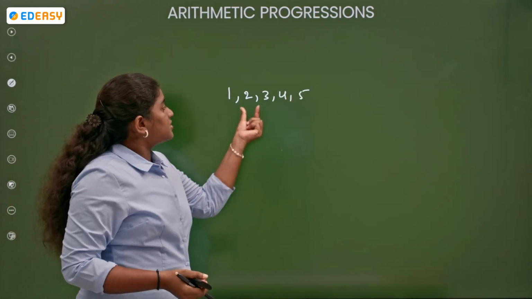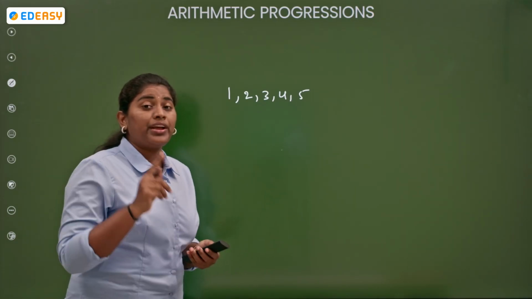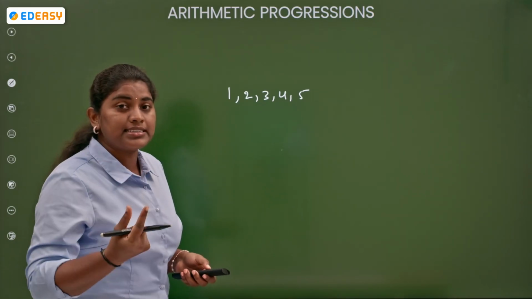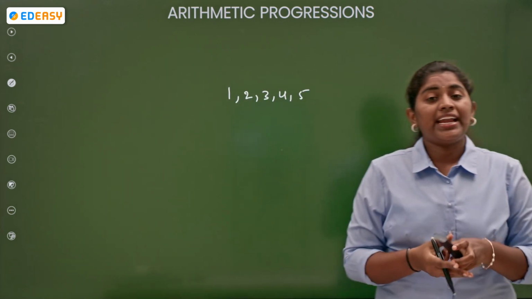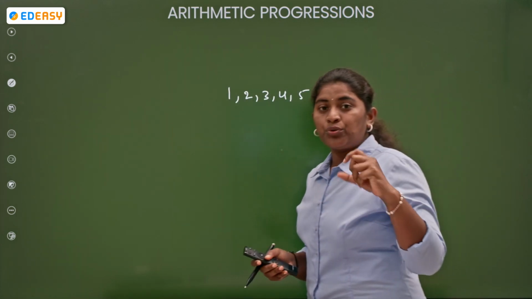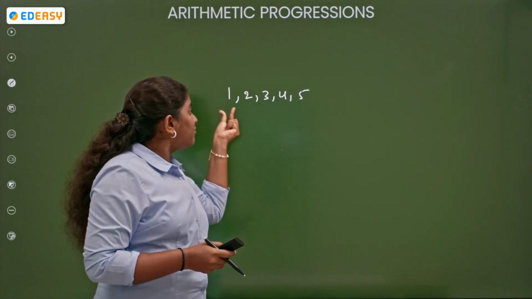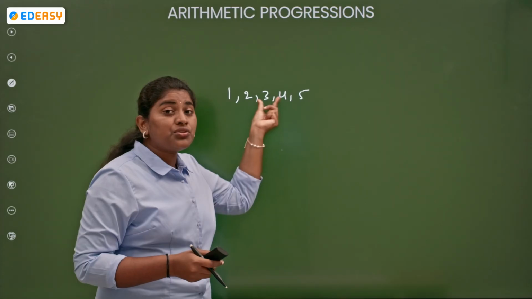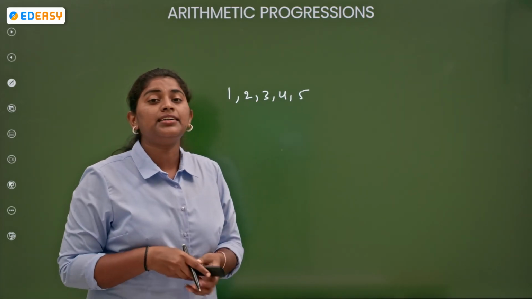Now, these list of numbers will form a series, right? Now, when we are going to consider this series as an arithmetic progression, that we are going to learn today, and how to find the required term. Term means whatever elements, whatever numbers you have in this series, we are going to consider them as the terms.